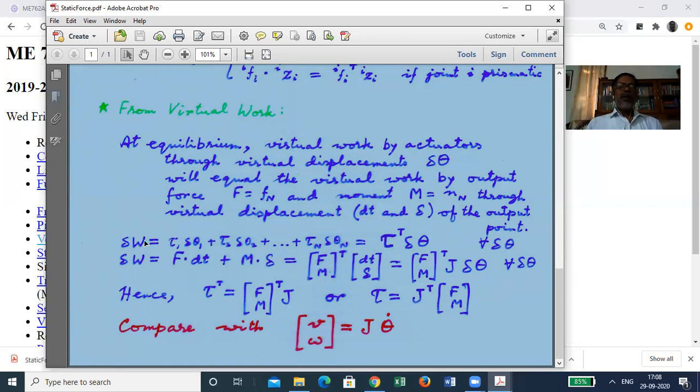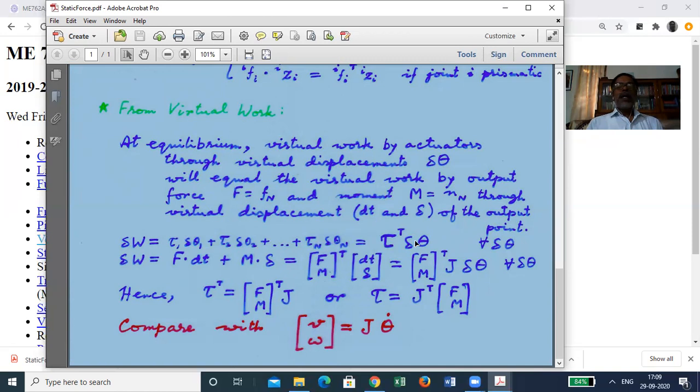So virtual work input: if a joint torque tau 1 is turning the joint through this virtual displacement delta theta 1 and so on, for every joint, then together the total virtual work will be this, which together you can write as vector tau transpose vector delta theta.